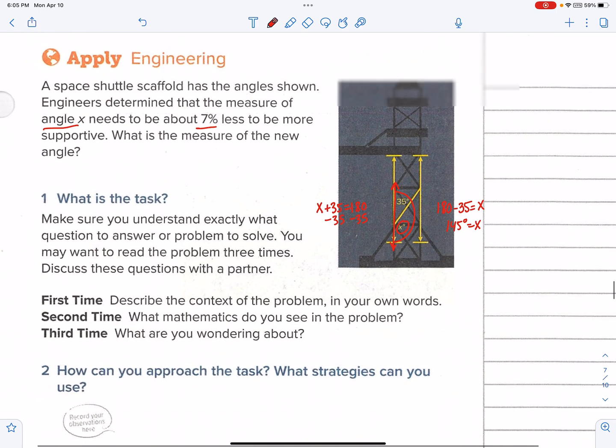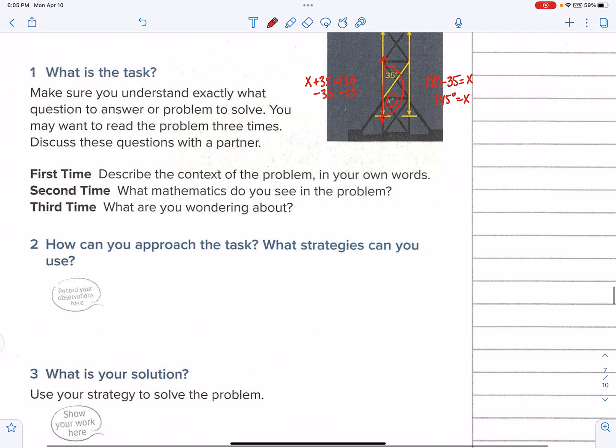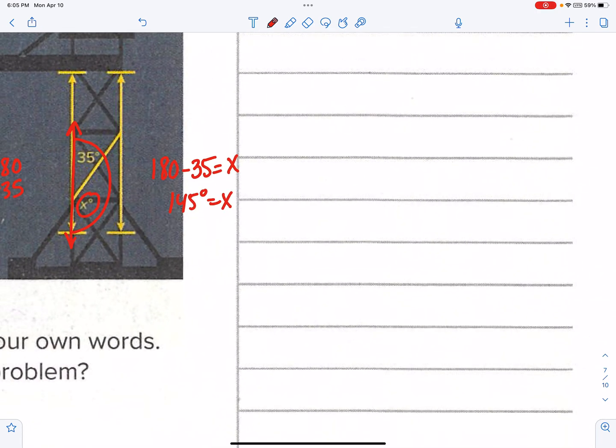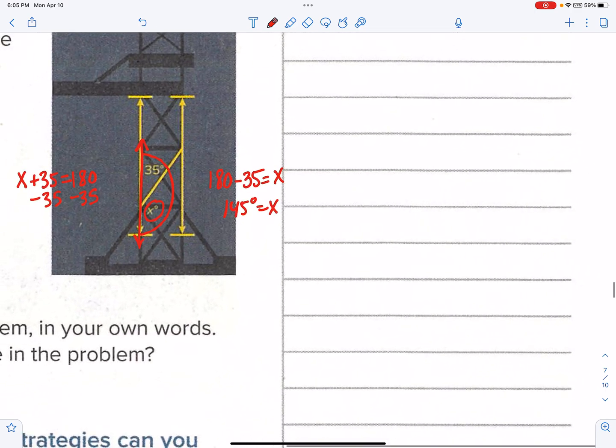What they're telling us, though, is that they need x to be 7% less. So we know how to find 7% of something. That's just multiplication. So let's go ahead and do that work over here on the side. We want 7% of 145. That's going to tell us what 7% is. We need to subtract that at the end.